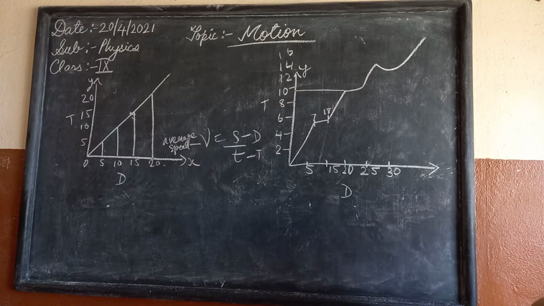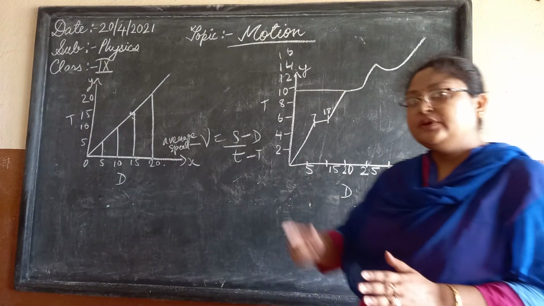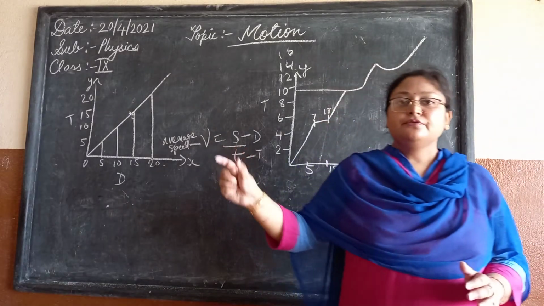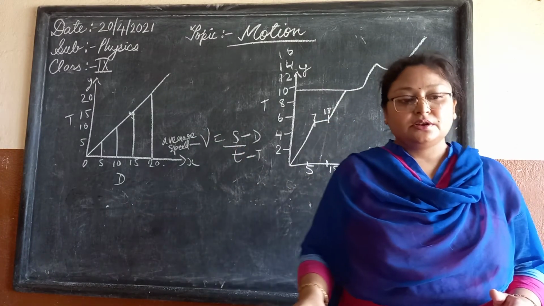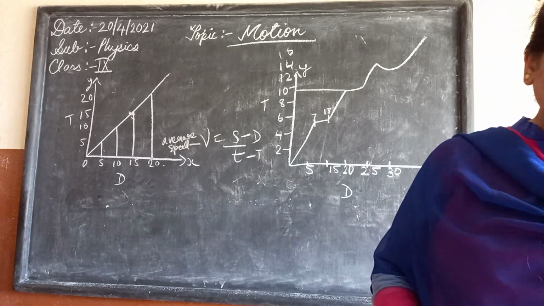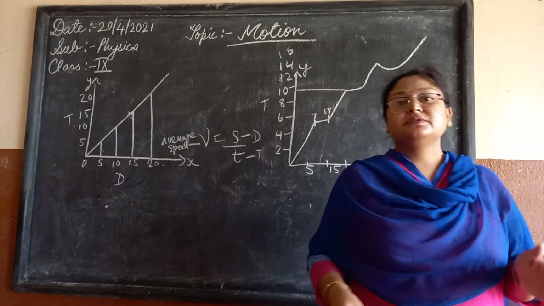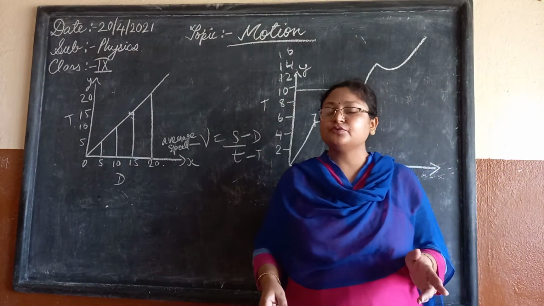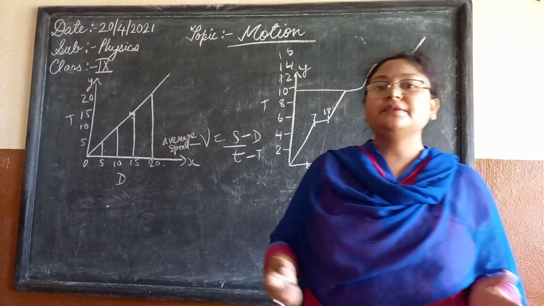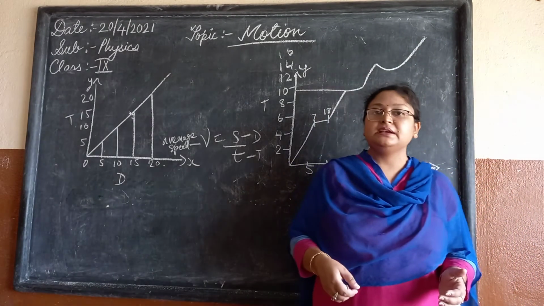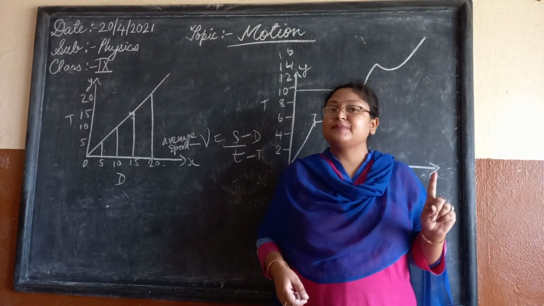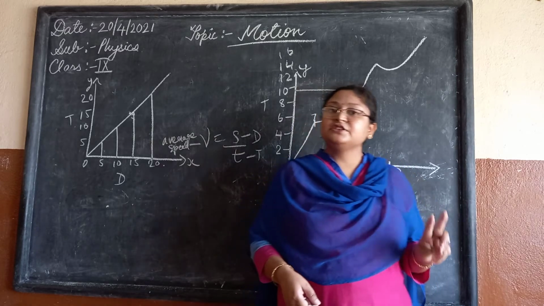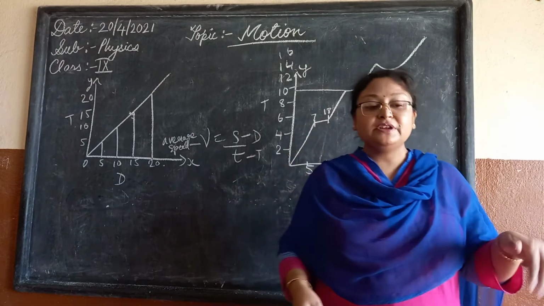When we have the magnitude of the speed, or distance with direction, this particular value will be a vector quantity. Because we know the difference between a scalar and a vector quantity: a scalar quantity has magnitude, and a vector quantity has magnitude with direction.